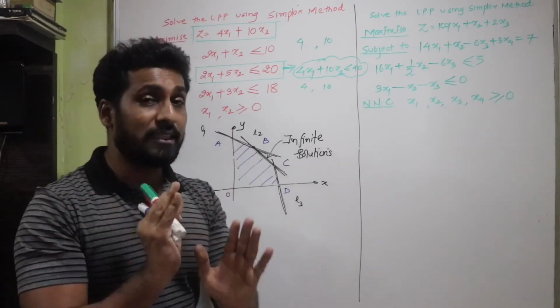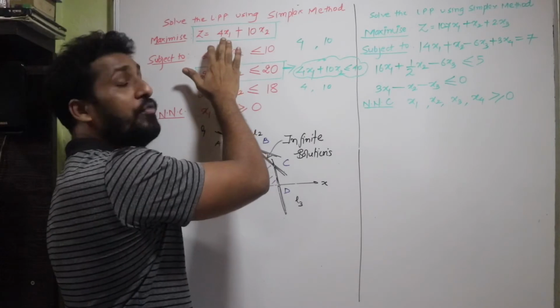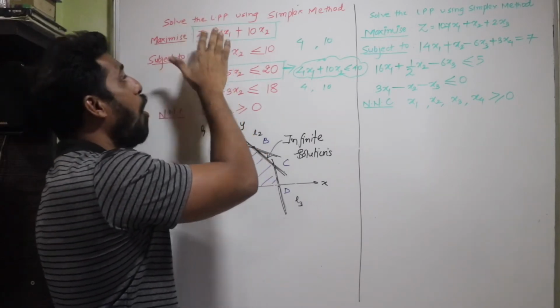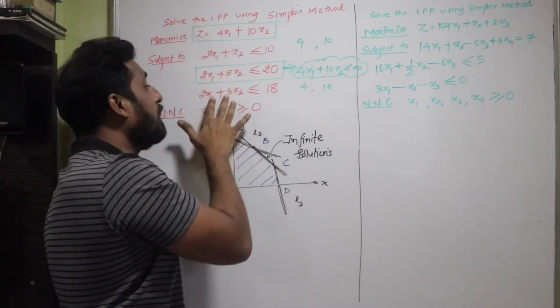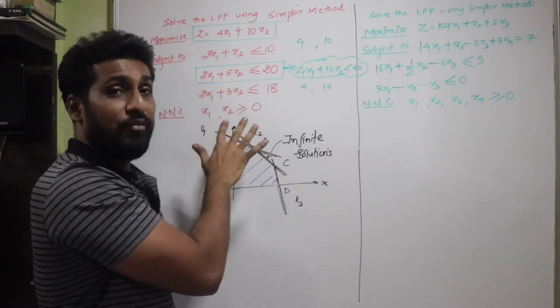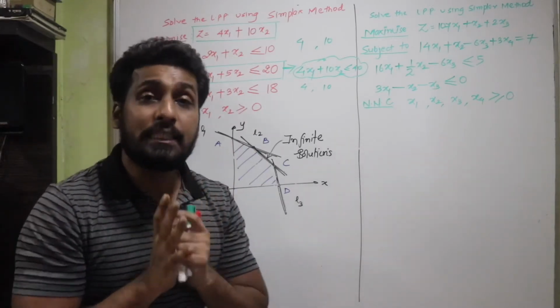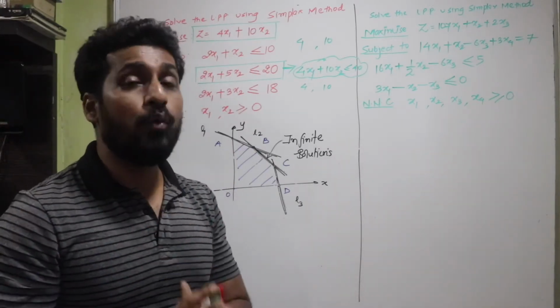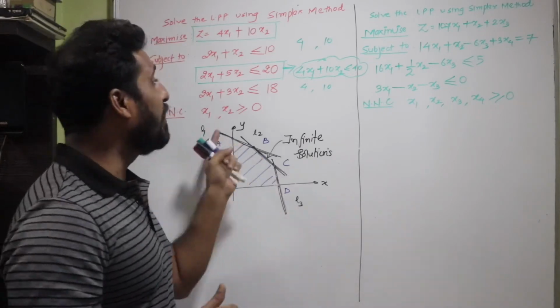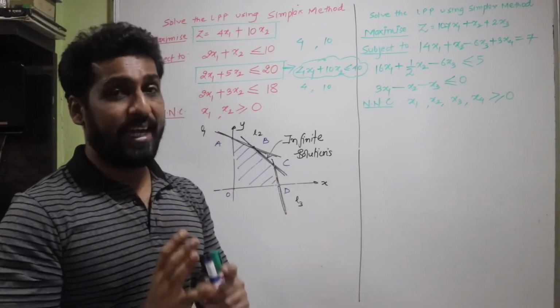Let's take this statement one more time: if the coefficients of the decision variables in the objective function and in at least one constraint are the same, then the problem will definitely have infinite solutions.